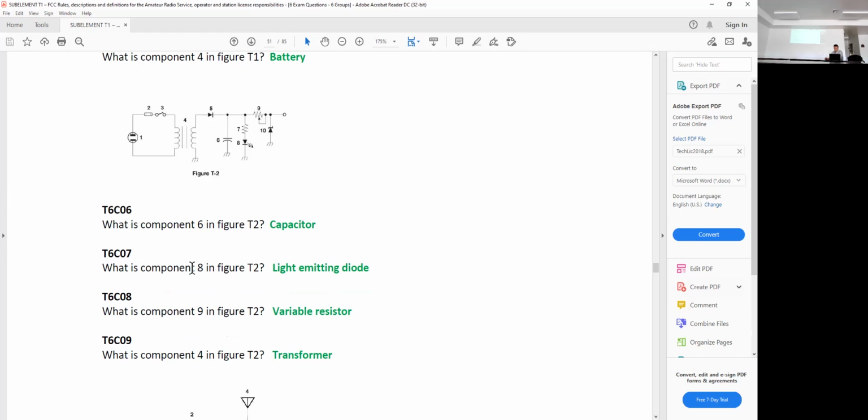What is component 8 in figure T2? Light emitting diode. So we do have a symbol for one. Yeah, right here. You'll notice the symbol is just like the diode, but it's got the little photons emitting off it to symbolize the light emitting out of it. Component 9 is a variable resistor.